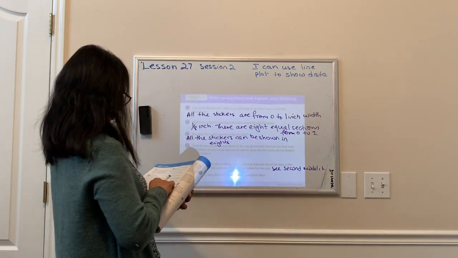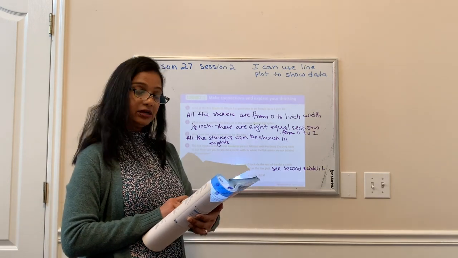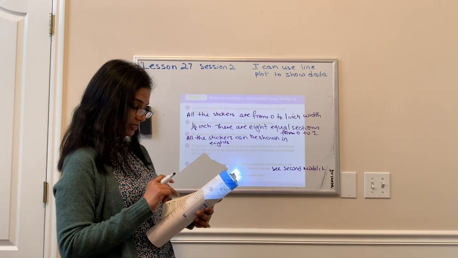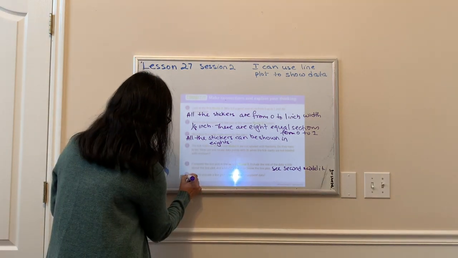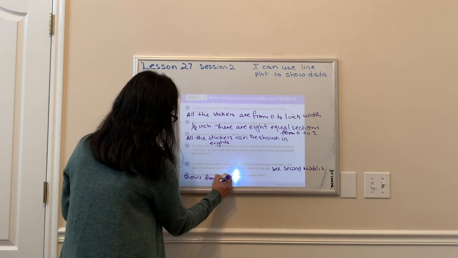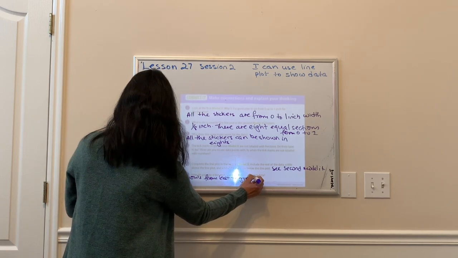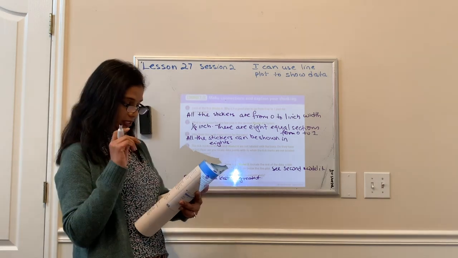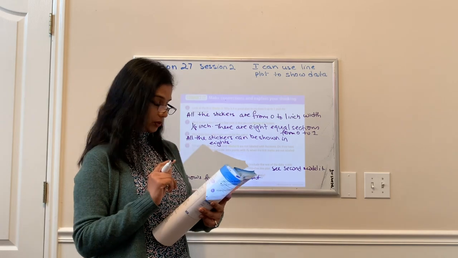And number 6, how do you use a line plot to organize measurement data? So a line plot shows the data in order from the least to the greatest, right? And the X's show how the data are distributed among those different measures, okay?